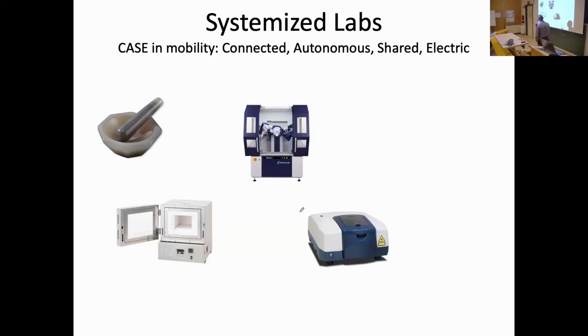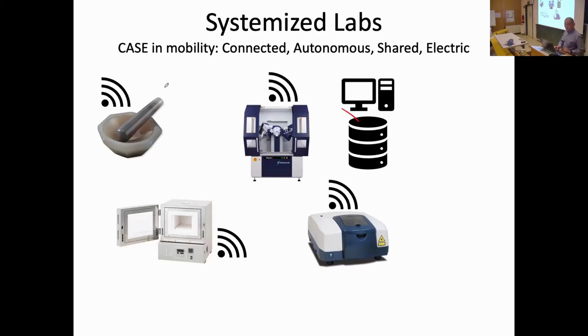a little while ago, many people talked about how the car industry would change: connected, autonomous, shared, and electric. And this really applies to our lab. Everything is connected, so the computers are connected to each device and understand what is happening and what has to be done next.